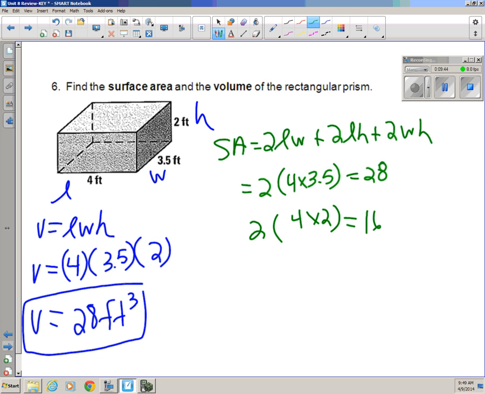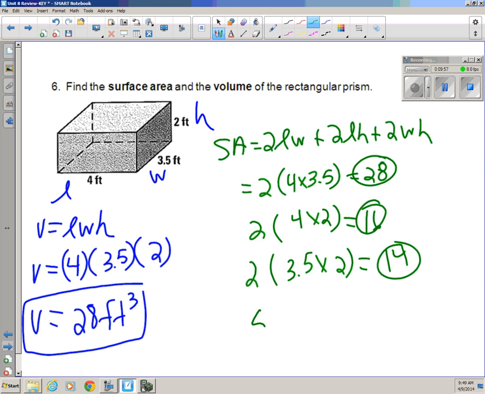That comes out to be 16. And then you get 2 W and H, which is 3.5 times 2, times 2, which comes out to be 14. When I add all of these together, the surface area comes out to a grand total of 58. It's still area, feet squared.